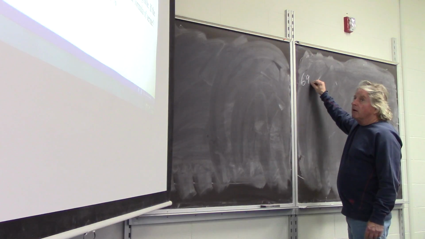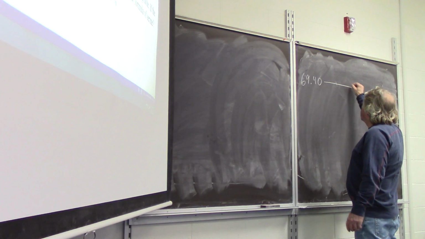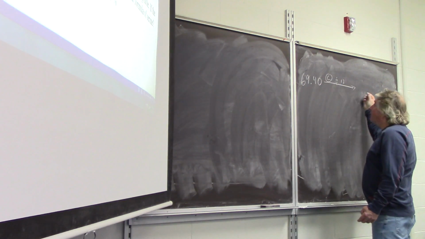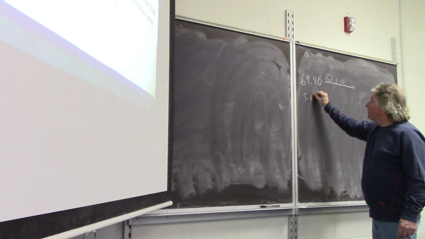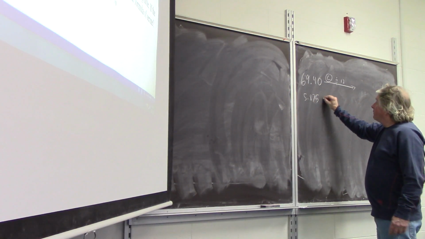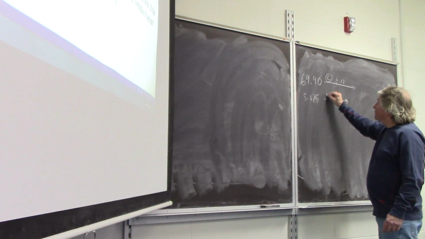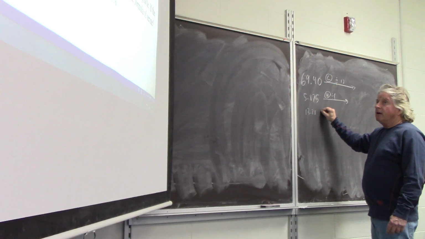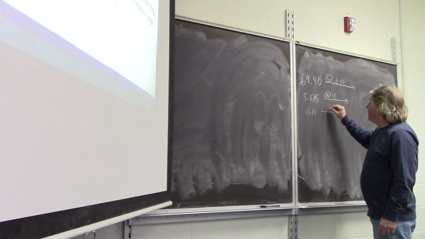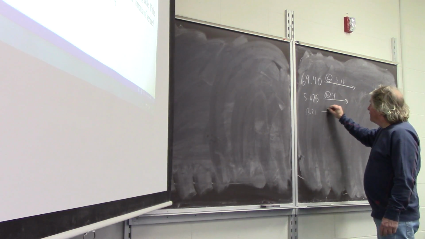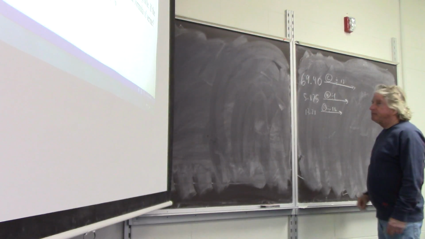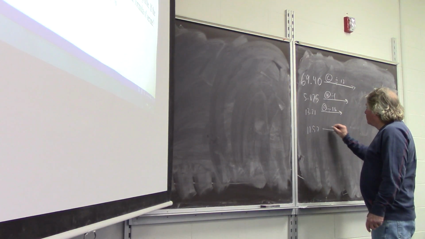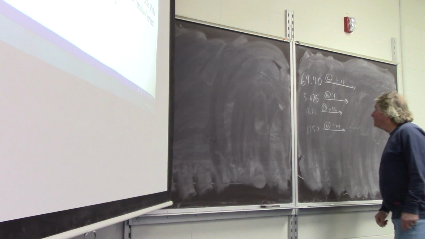So 69.40 divided by 12, because it's carbon. 5.825 divided by 1, and it's hydrogen. 13.21 divided by 16 is oxygen, and then 11.57 divided by 14 as is nitrogen.